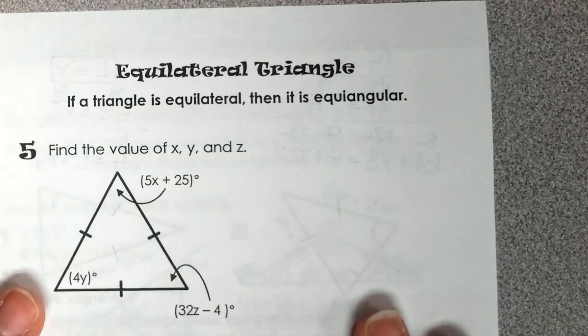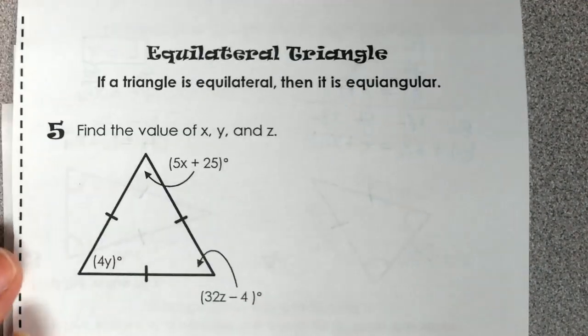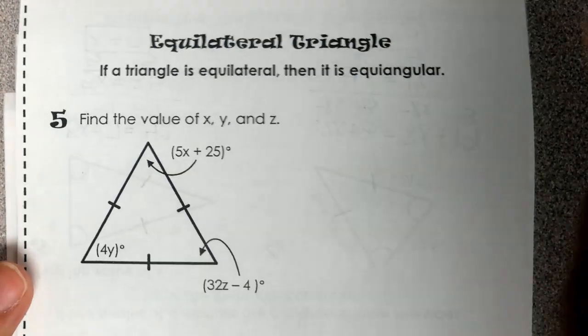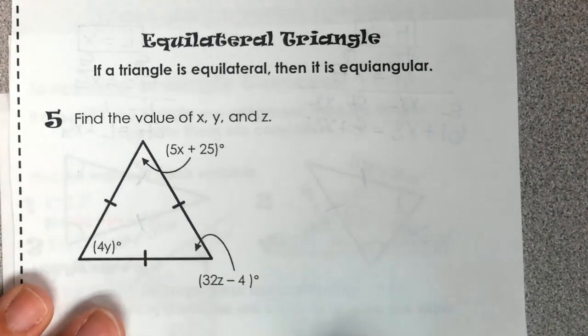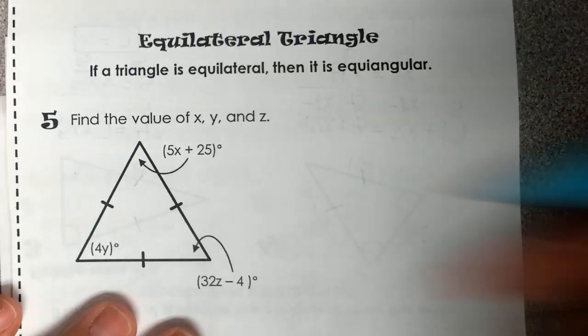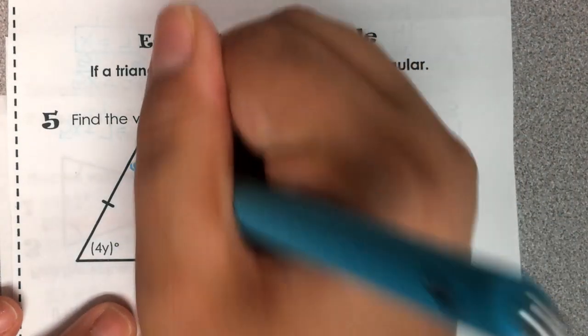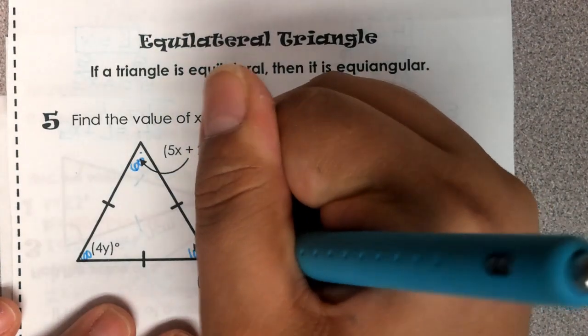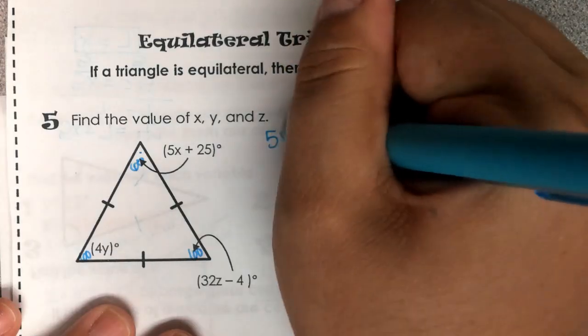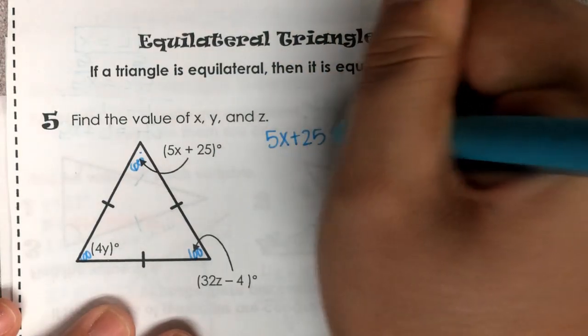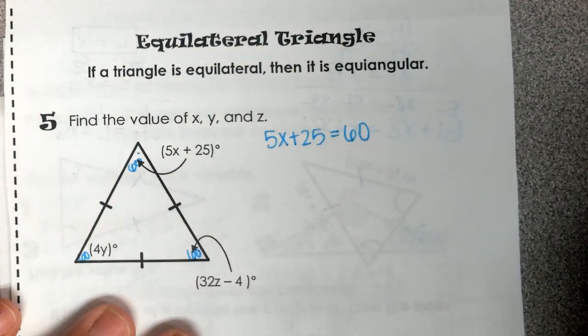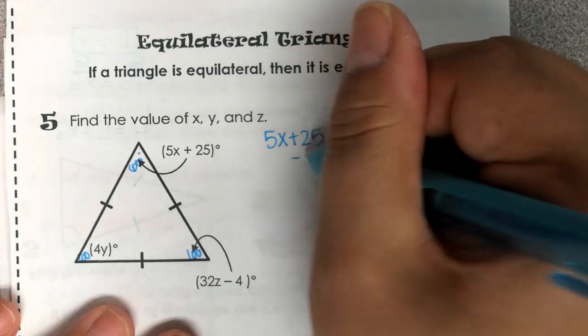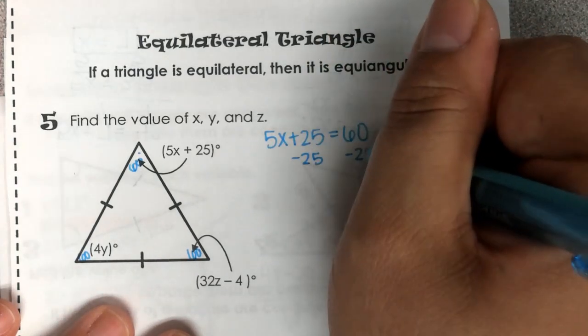If a triangle is equilateral, then it's equiangular. And if it is equiangular, what is each angle? 60. So how can I find x, y, and z? Make each of them equal 60. Go. Solve each of these equations. Make all of them equal 60.